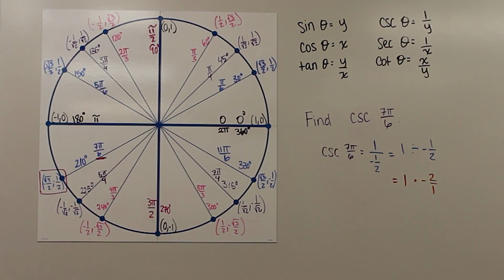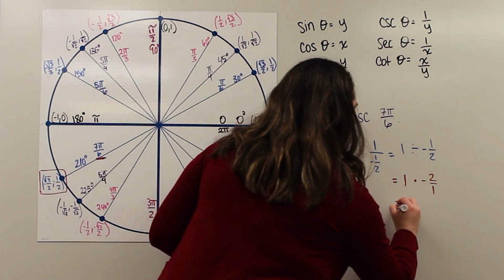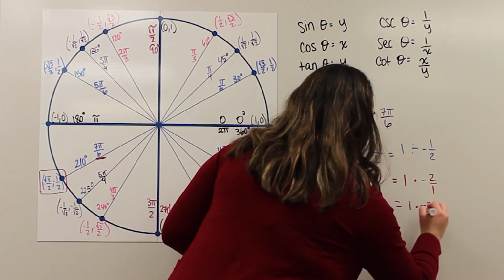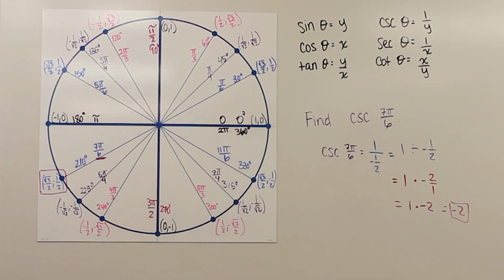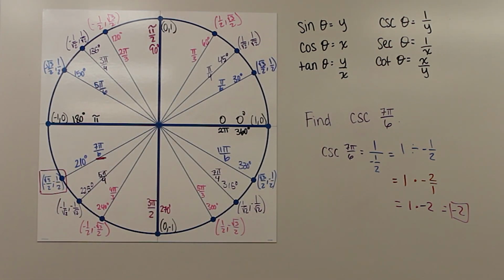So we end up with 1 times -2 over 1, which is basically the same thing as saying 1 times -2. Which is just -2.